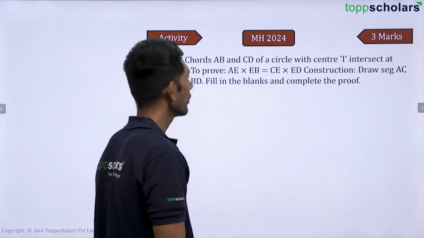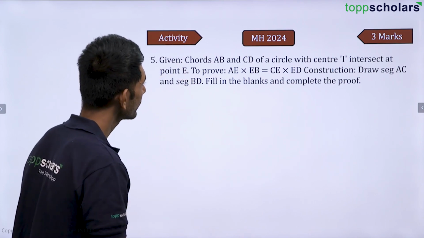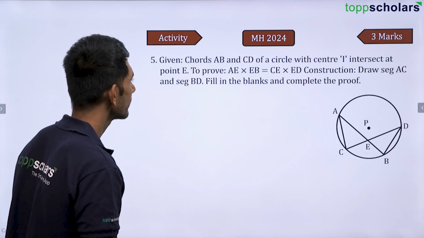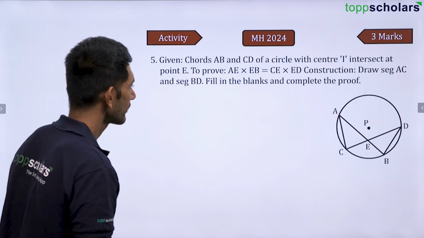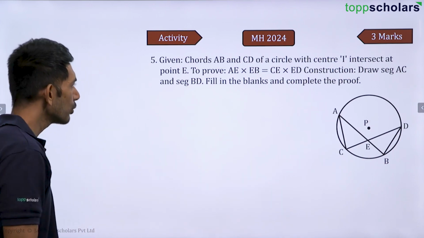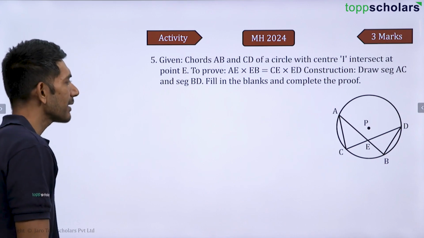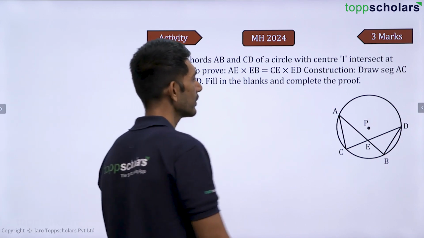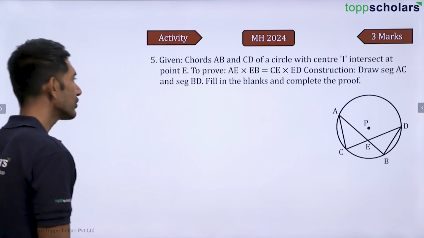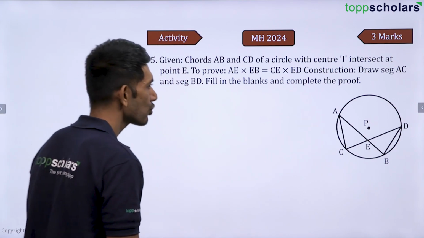It says chords AB and CD of a circle with center I intersect at point E. Okay, with center I or center P, doesn't matter. To prove AE multiplied by EB is equal to ED multiplied by CE. There is a construction: draw AC and BD. Basically we join that.